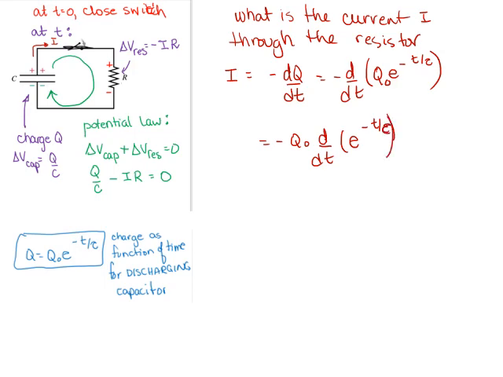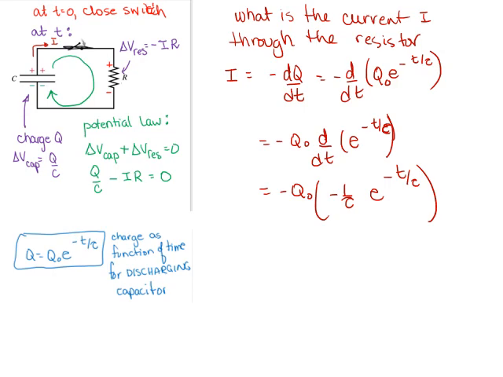Hopefully you can still see my tau okay. When I do the derivative of e to the minus t over tau, what I get is minus 1 over tau times e to the minus t over tau. That's how those e functions work. They're a little bit funny.